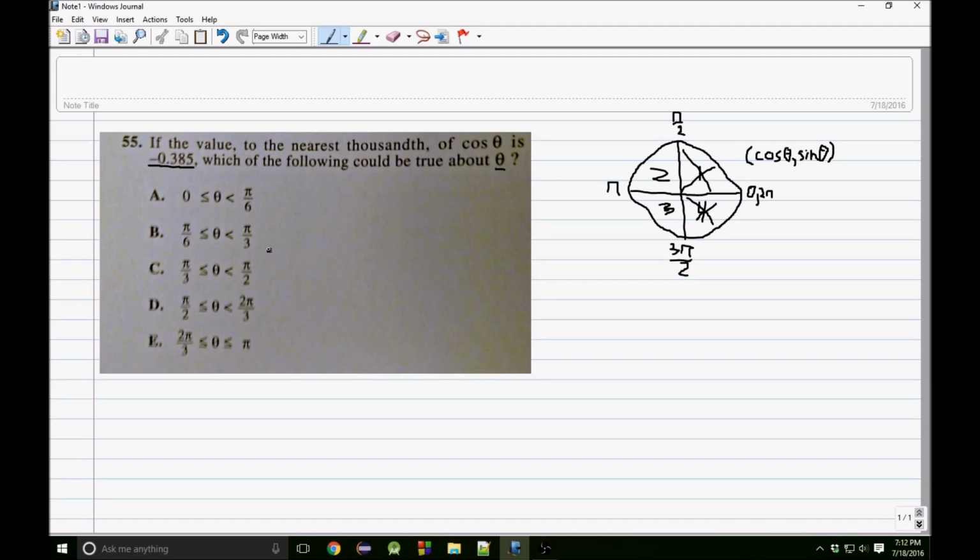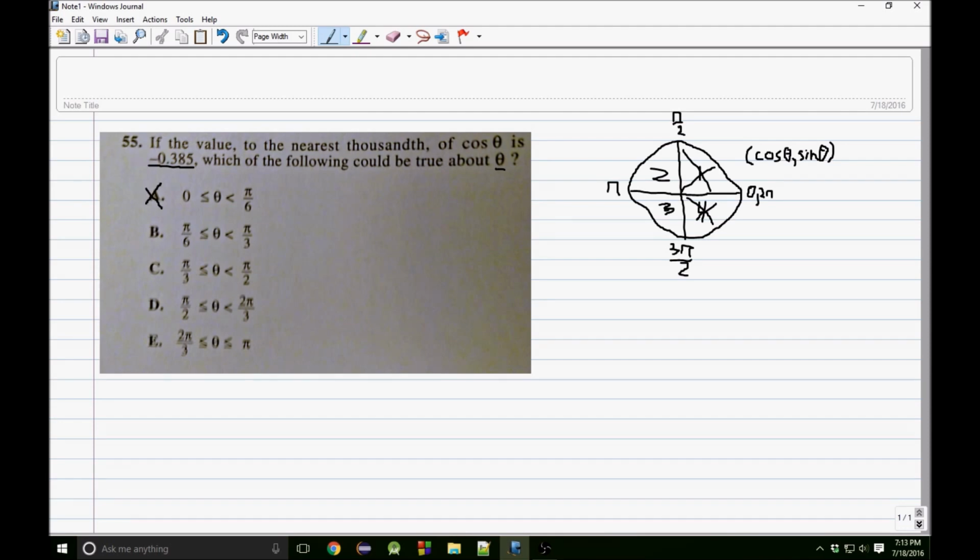Well, let's look at our answer choices. We have between 0 and pi over 6.